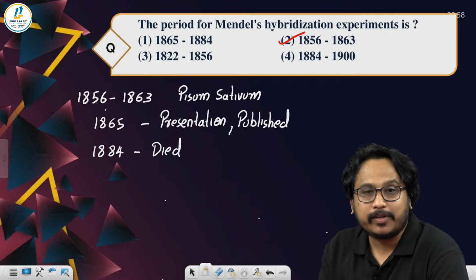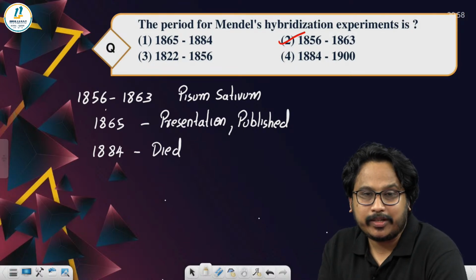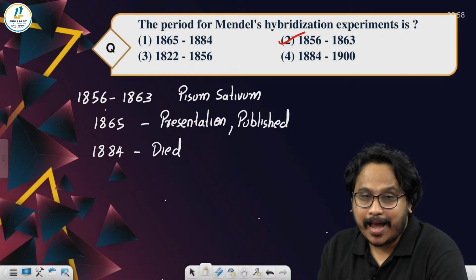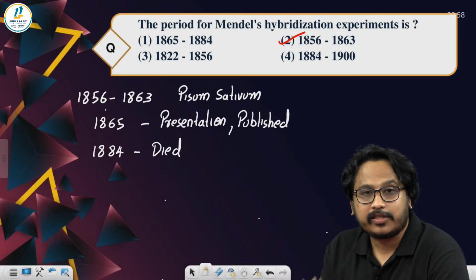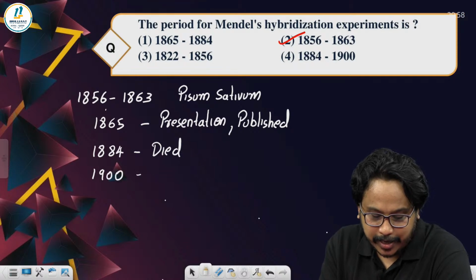At that time only, this person, after doing research on pea plants, was telling characters are controlled by 2 discrete units that are called factors. Anyway, his work was not accepted, it got rejected, and it took around 33 years for the rediscovery of his work. And in 1900 only, his work was rediscovered.